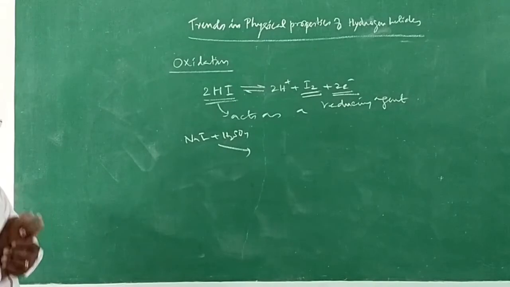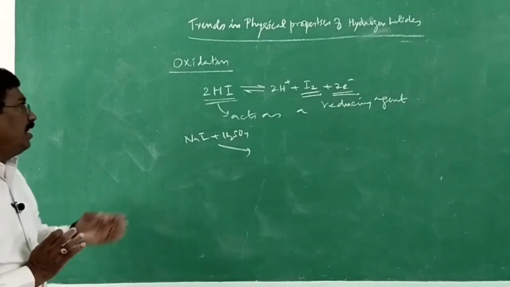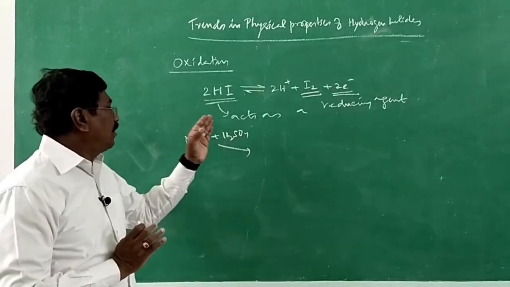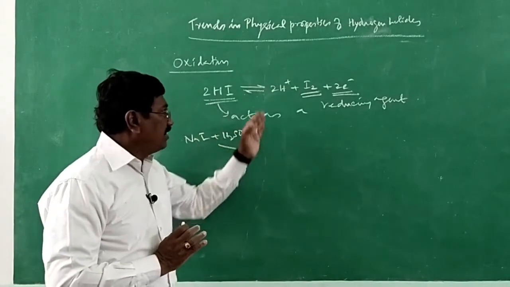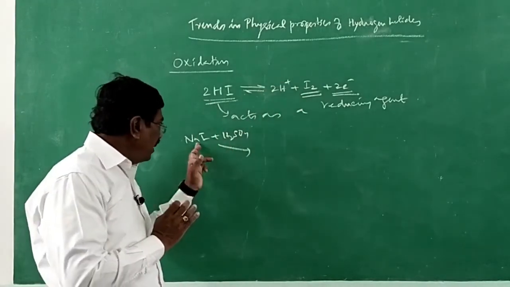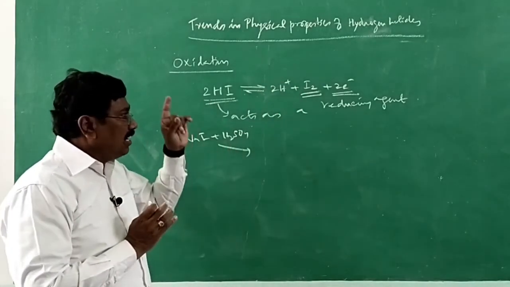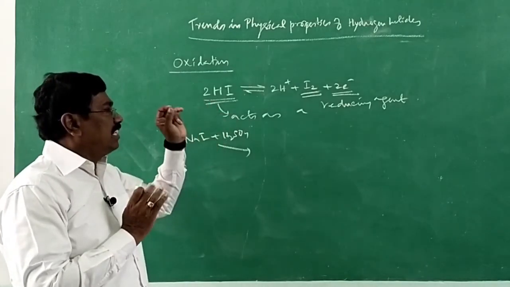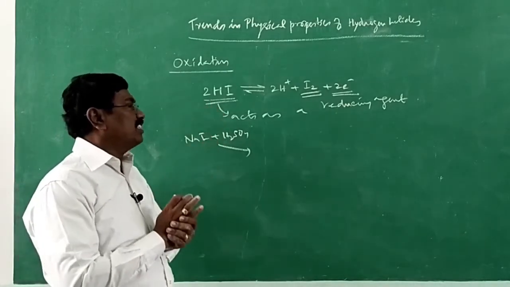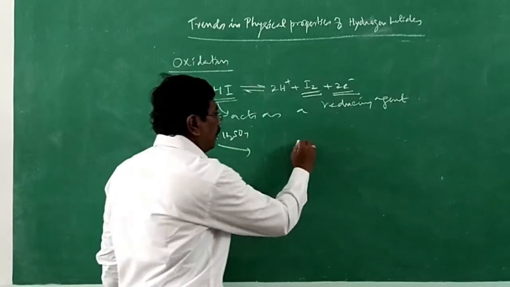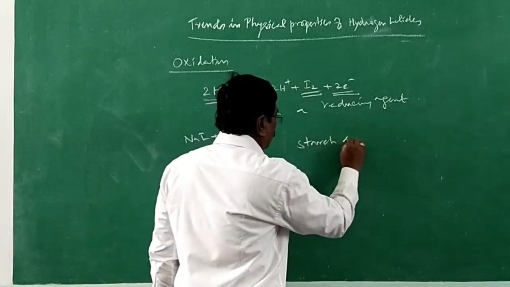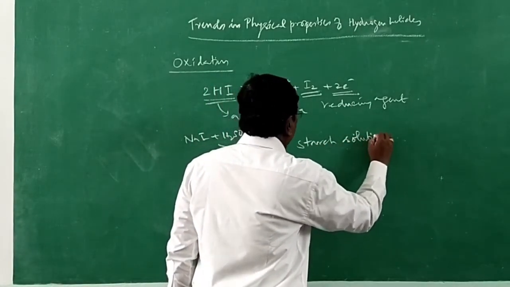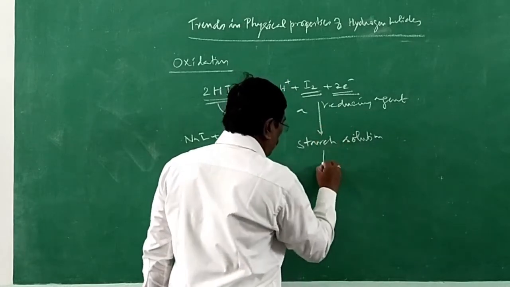That's what we have discussed earlier. When we treat sodium iodide with sulfuric acid, iodine is liberated because HI is getting oxidized. And we can test the formation of iodine using starch solution. With starch solution, iodine gives a blue-black color.